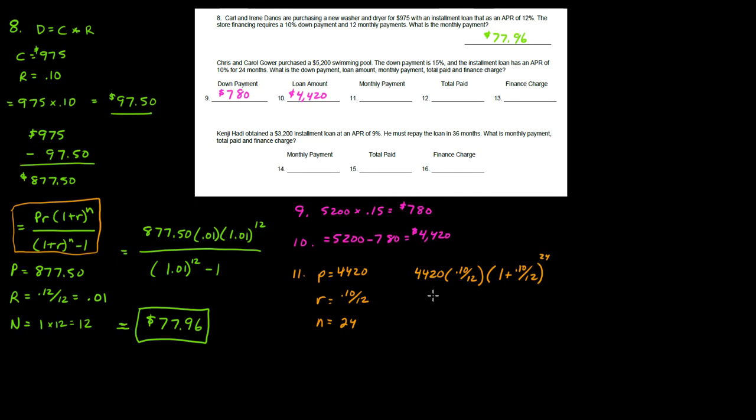Then I will take 1 plus 0.10 divided by 12 to the 24th power, and subtract 1. Going through it step by step, you should get a monthly payment of $203.96.